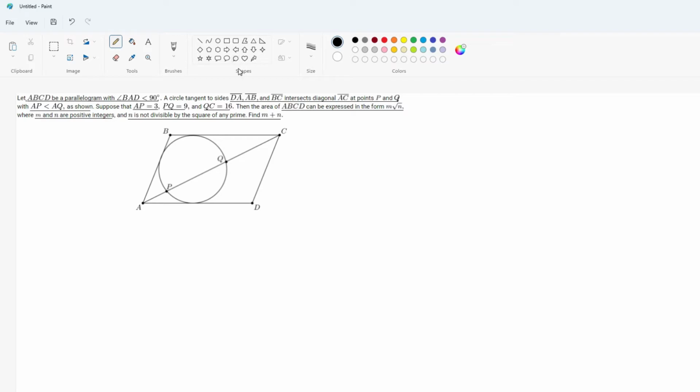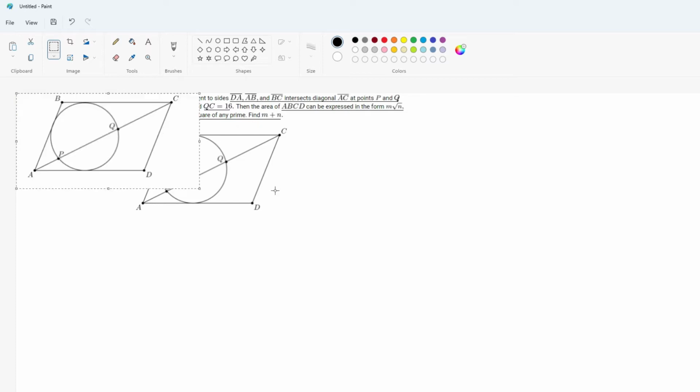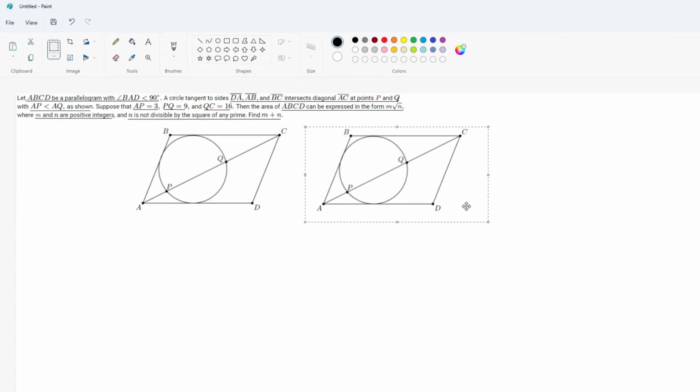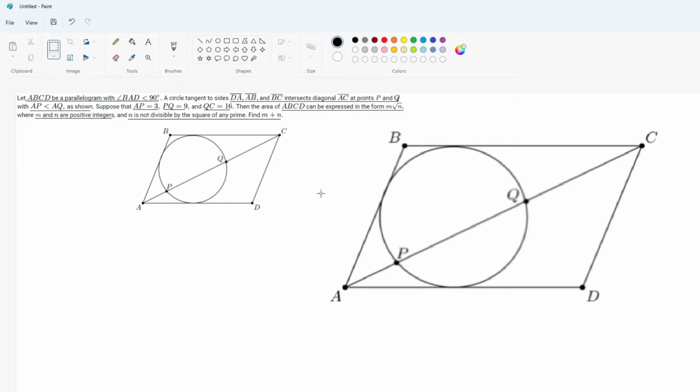So, like any geometry problem, the first step is to create a larger version of the diagram, and then label the information we know. So here's my enlarged version of the diagram, and I'm going to put down information that I know.